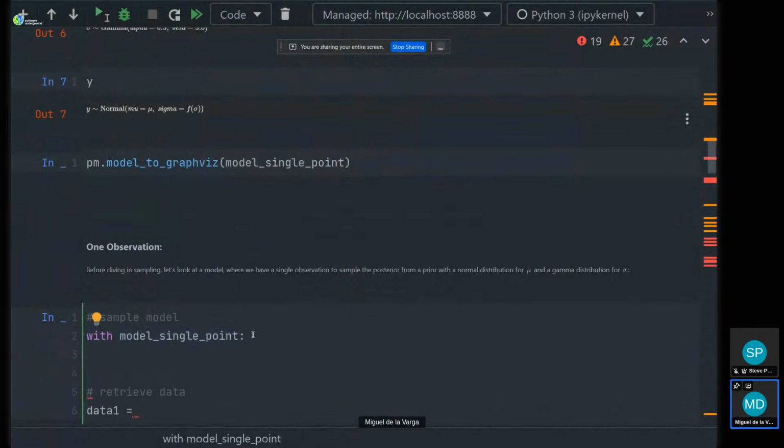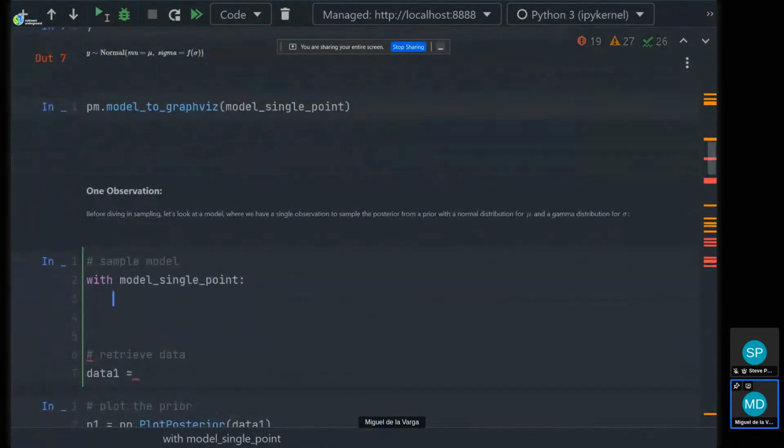So now we can, just in this cell, sample the model. Now you just get a bit the gist of the syntax. All of these I will explain later with plots: what prior means, what posterior means, what sampling means.